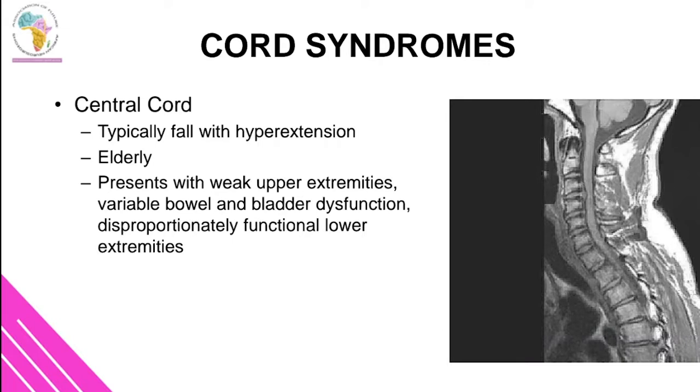It tends to present with weak upper extremities, as it tends to affect the cervical region, and in variable amounts, bowel and bladder dysfunction, disproportionately affecting the functions of the lower extremities.